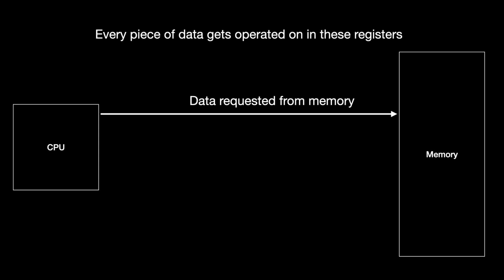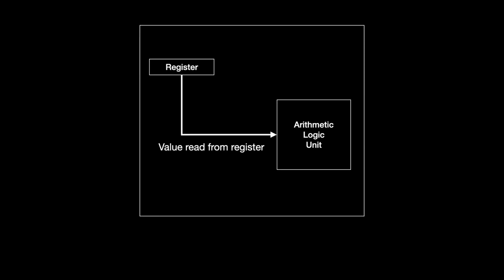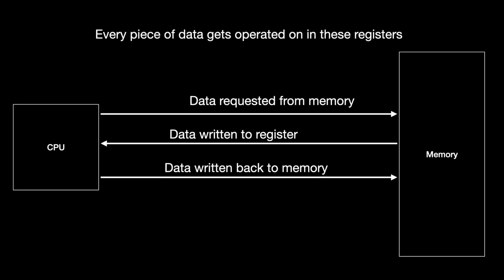Data gets requested from memory, and it is written to a register in your CPU. In that CPU, the value gets read from the register and operated on in the arithmetic logic unit. Then a new value is written back to that same register, and that data from that register is written back into memory.